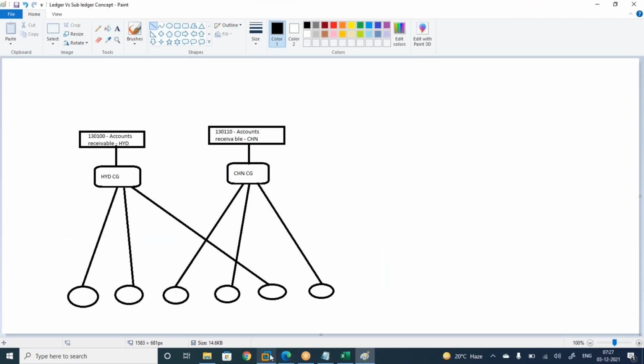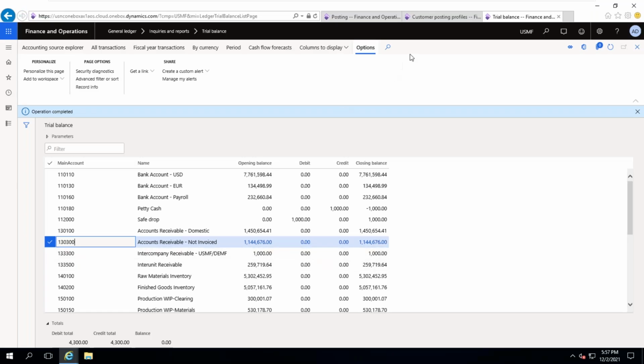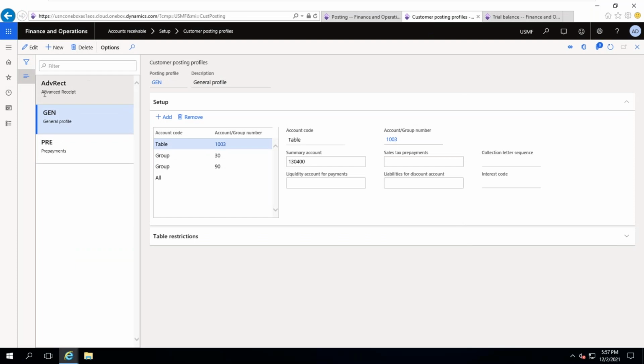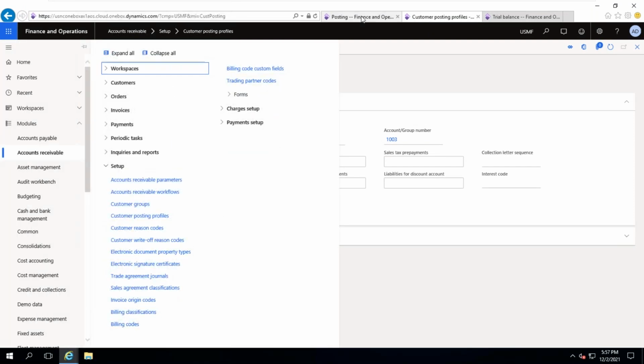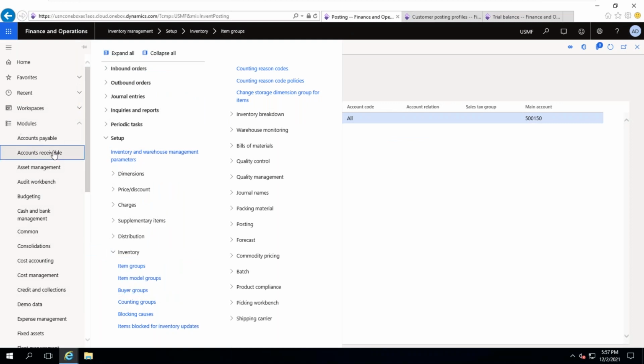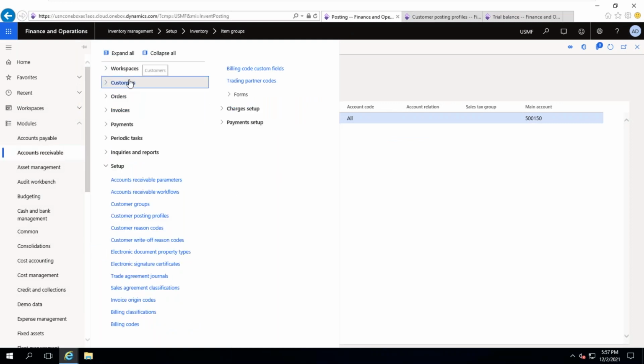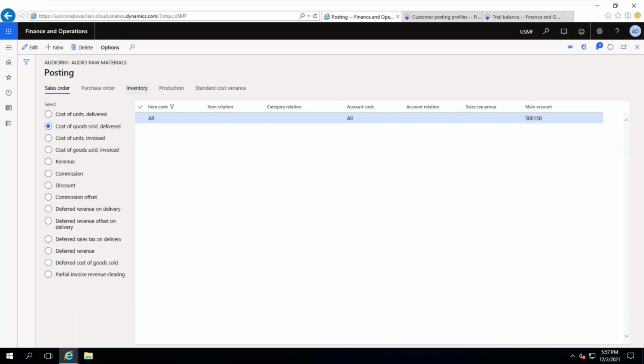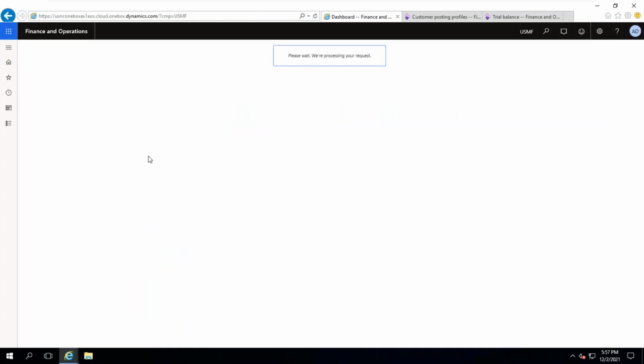If I want to see each customer-wise balance, then I can go to the customer account. I can go to Accounts receivable, Customers, All customers. Let me go to the customer.